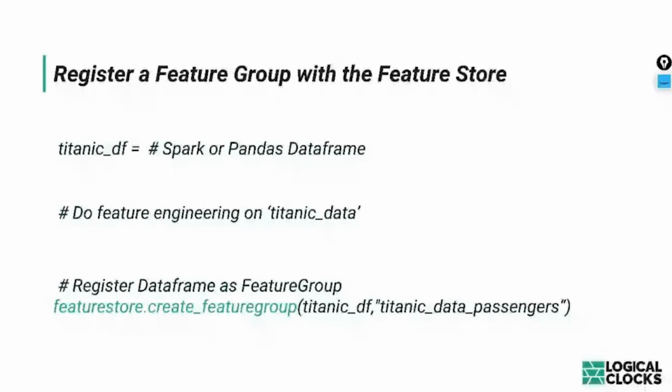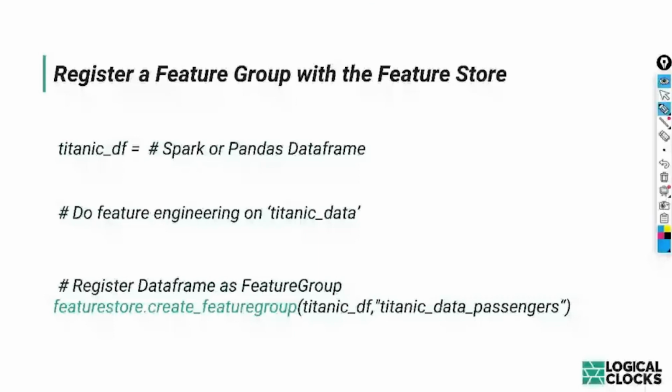What the data engineers will do will be register feature groups and ingest data into the feature store. So the abstraction that we provide for this is the data frame. So you can have either a Spark data frame or a Pandas data frame. And typically what you would do is you would use Spark, PySpark, or Scala Spark, or Python and Pandas to read data from a backend system.